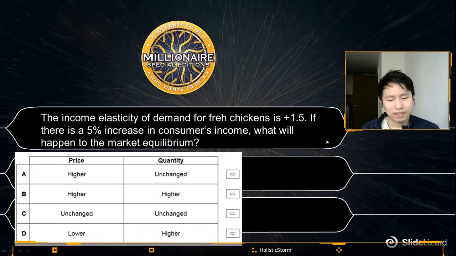So for this question, what you want to do is to think about the relationship between income and demand in the market. If income elasticity of demand is positive, would demand increase or decrease if you are getting richer?